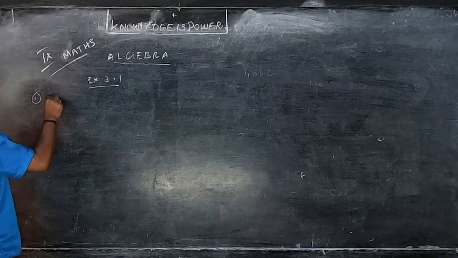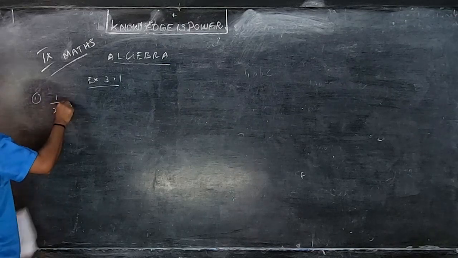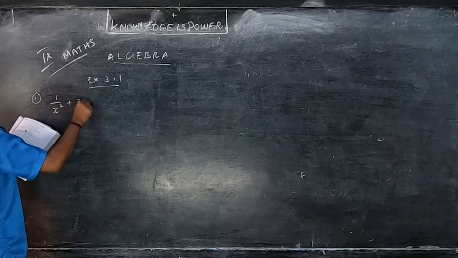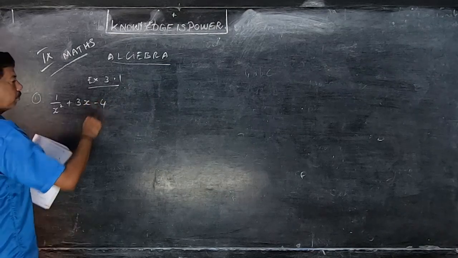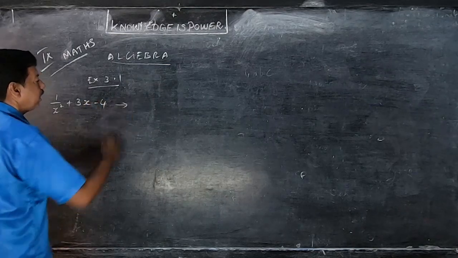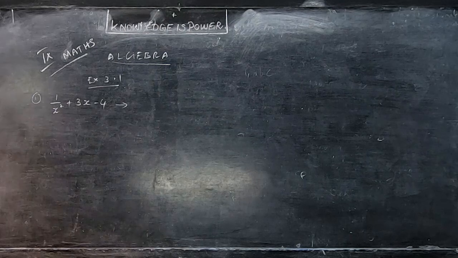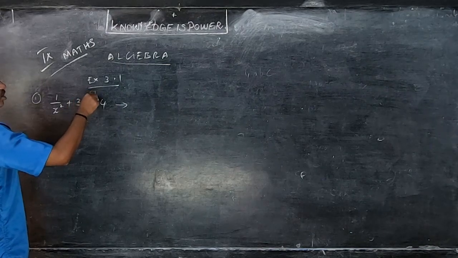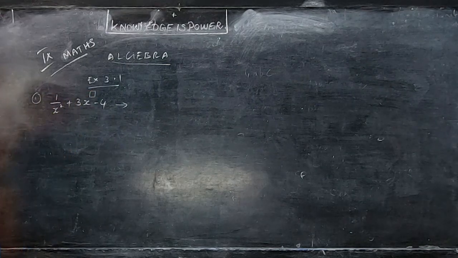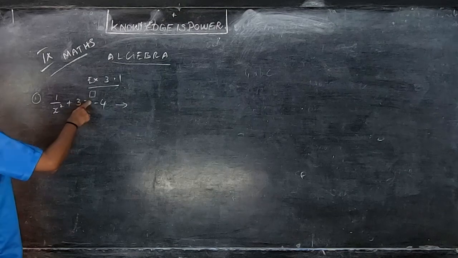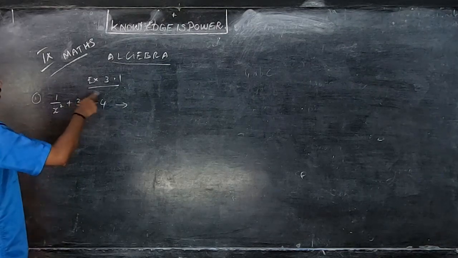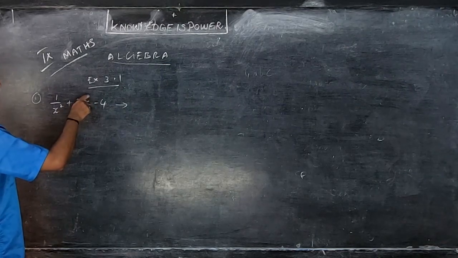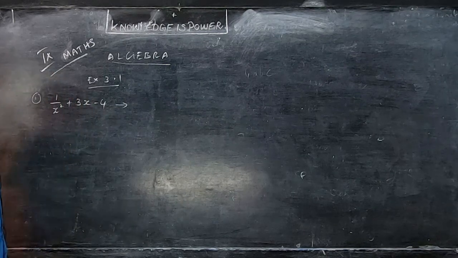So 1 by x square plus 3x minus 4. You have to tell whether it is a polynomial or not. Okay, the power should be a whole number. Here there is 1. I told already, if there is no power, we have to treat it as 1.